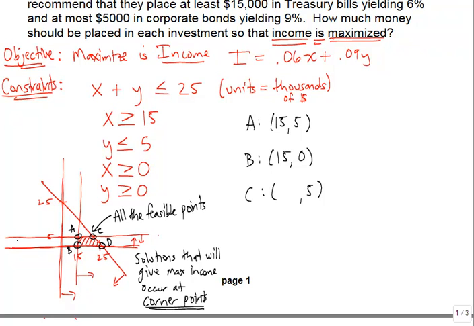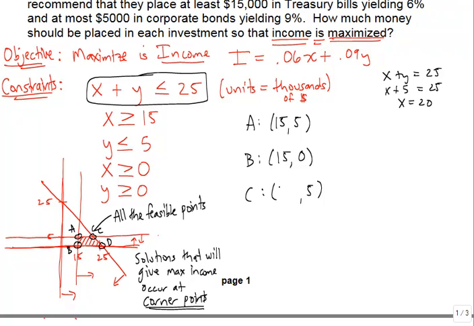It's the intersection of this line y equals 5 and this inequality right here. So to figure out what this x is, we need to find the intersection of y equaling 5 and this curve right here. If x plus y is equal to 25, and we know that y is supposed to be 5, we can just substitute it in and solve for x.